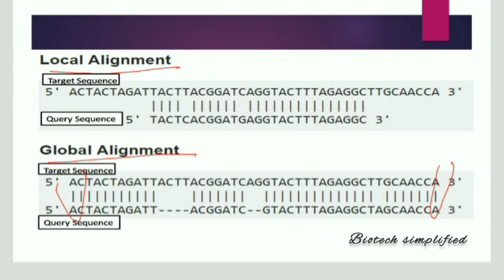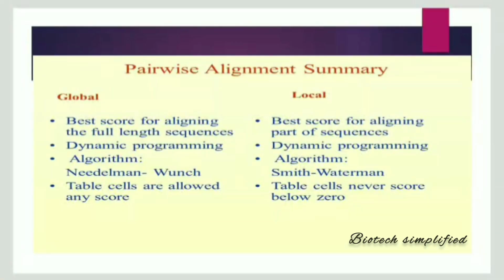So, the differences between local and global alignment are that in global alignment, the full sequence is compared, whereas in local alignment, only parts of the sequence are compared. In global alignment, the algorithm used is Needleman-Wunsch, whereas in local alignment, it is Smith-Waterman.